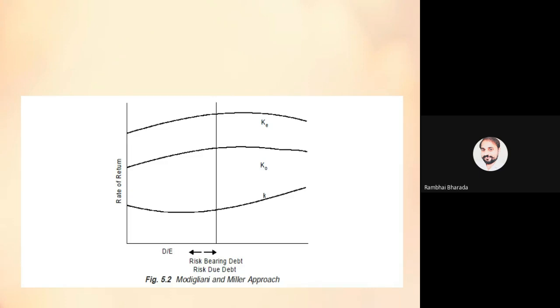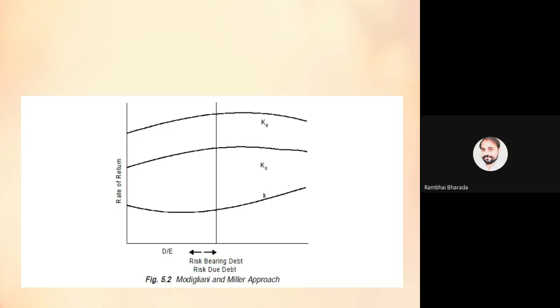Initially, as the company uses more debt capital, its Kd, the last line is Kd. Your Kd means cost of debt. As a company uses more debt, initially the cost of debt will decrease and overall cost of capital and cost of equity will increase up to a particular level.